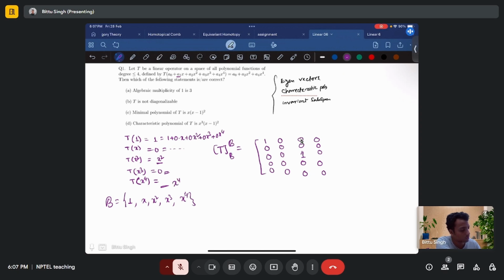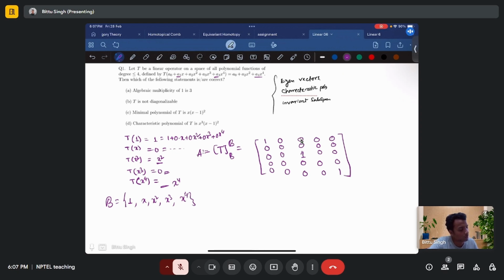It is x to the power 4, because we have taken a4 equal to 1 and the rest of the coefficients are 0, so it is a4 x to the power 4. So the coefficient of x to the power 4 will be 1 and the rest are 0. So this is the matrix representation, and let A be equal to this. A is defined to be this matrix.